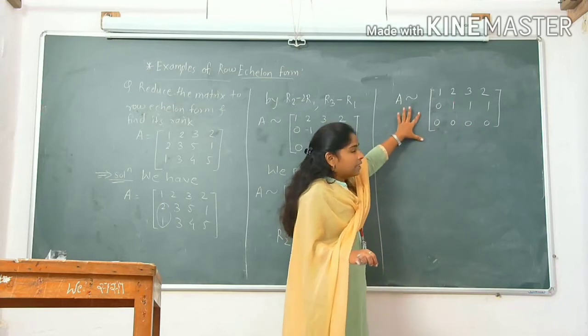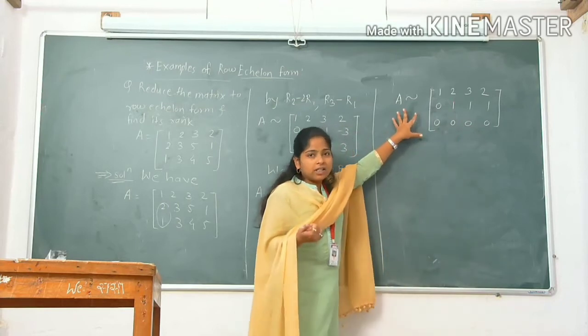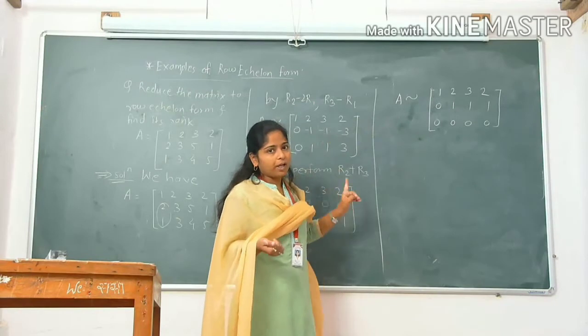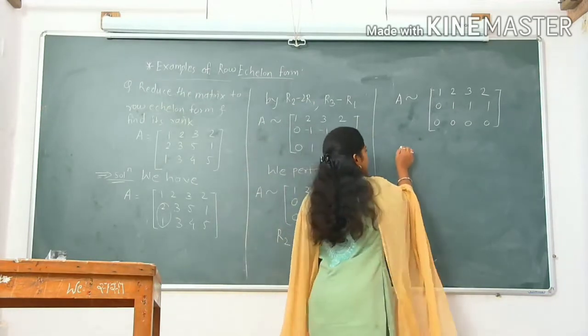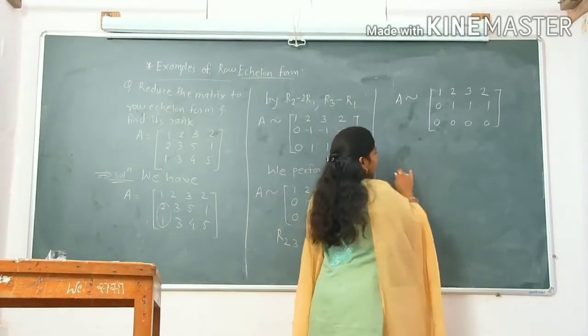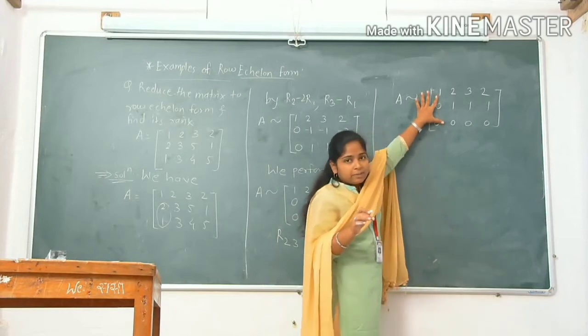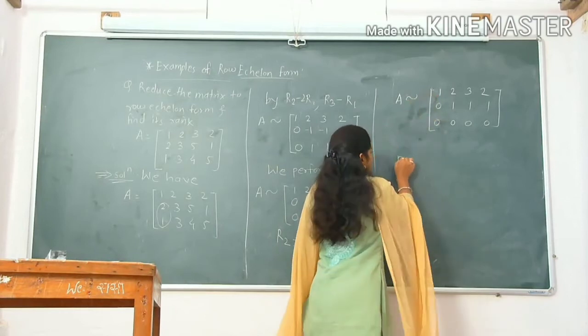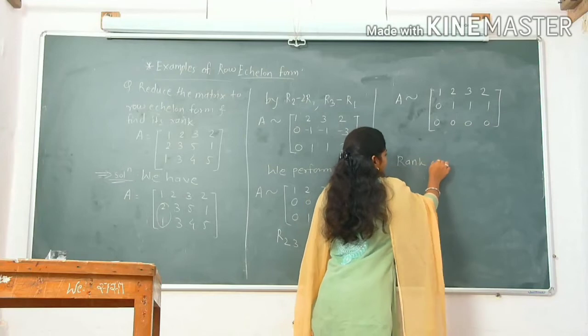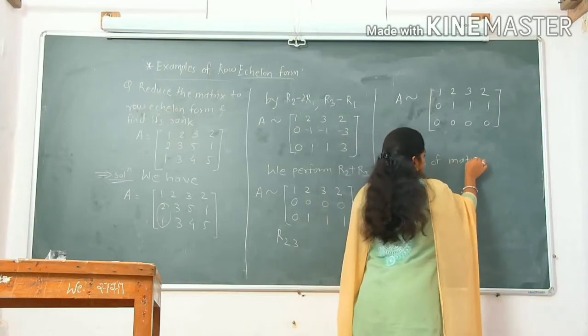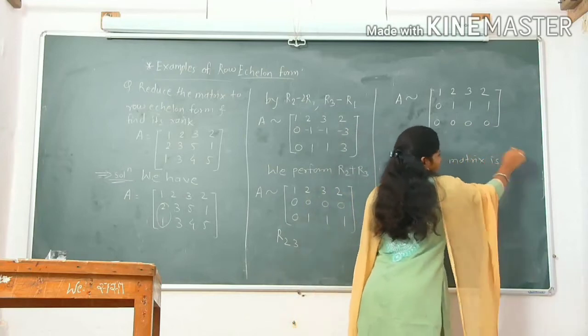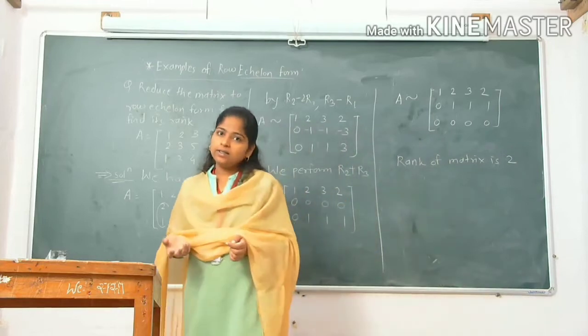Therefore, this matrix satisfies all the conditions of the definition of row echelon form. Therefore, this matrix is in row echelon form and the number of non-zero rows in this matrix is 2. Therefore, the rank of the matrix is 2. Let us see another example.